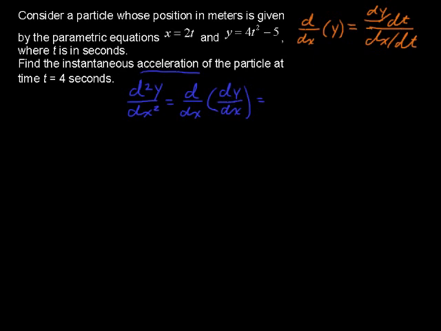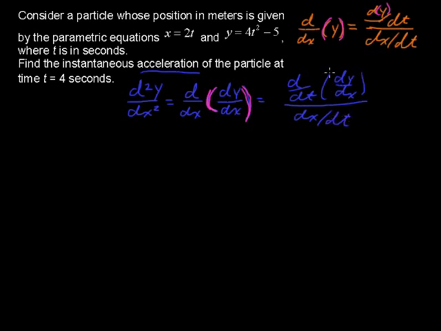So let me show what I'm doing here. I'm putting this dy dx in the place of this y, and then I'm going to write everything else the same. So that is equal to d dt, the derivative with respect to t of dy dx, over dx dt.